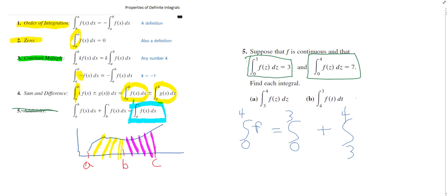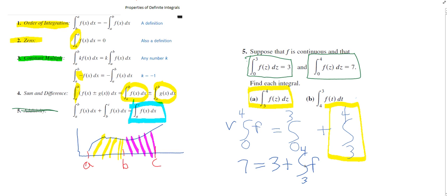And notice in part A, they're asking us to find 3 to 4, right? So this just becomes sort of an algebra problem. You don't really have to do any calculus on this. If this part from 0 to 4 is equal to 7, and from 0 to 3 they've defined that it's equal to 3, so the integral from 3 to 4 of the function is just simply 7 minus 3. So it's not too bad.